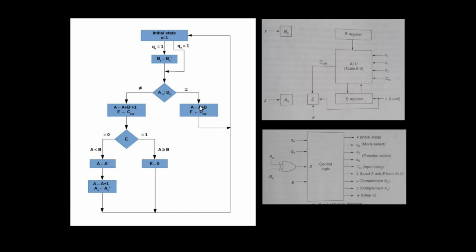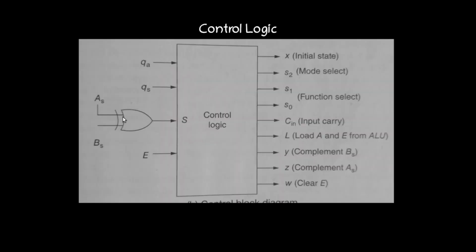And one more thing is, in our control logic, AS and BS are XORed to form a new signal called S. When both the signs are equal, the S output will be 0, because AS XOR BS will be 0 in that case. And if the signs are different, then the S value will be 1. That will be used in our state transition diagram.